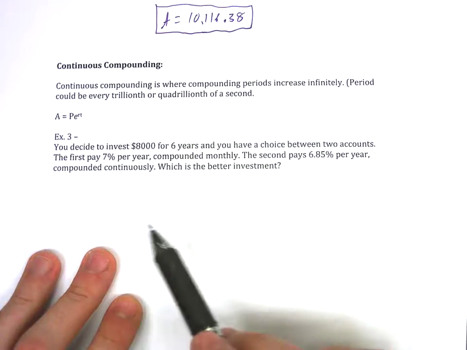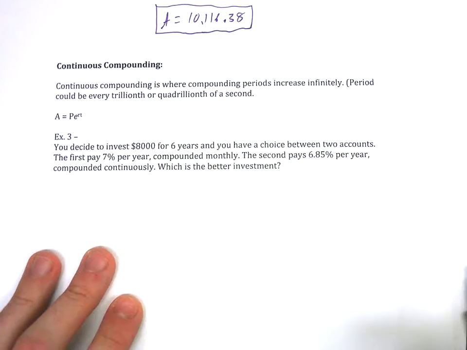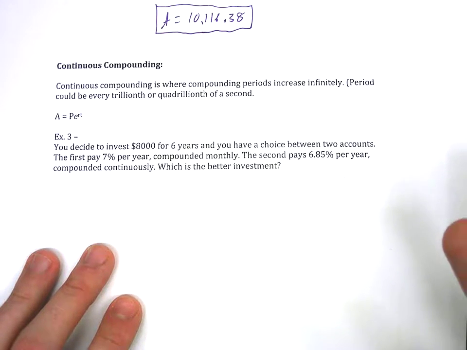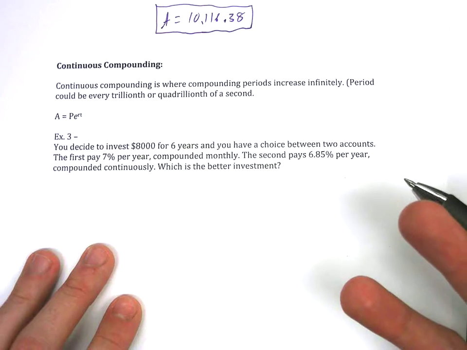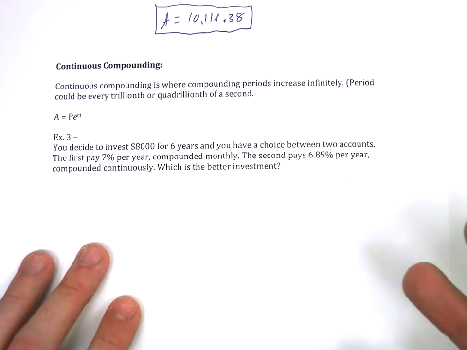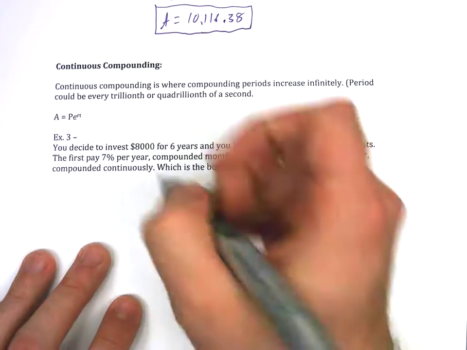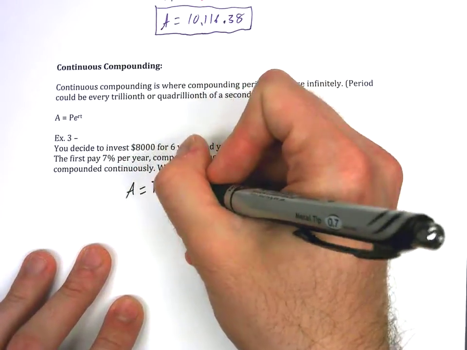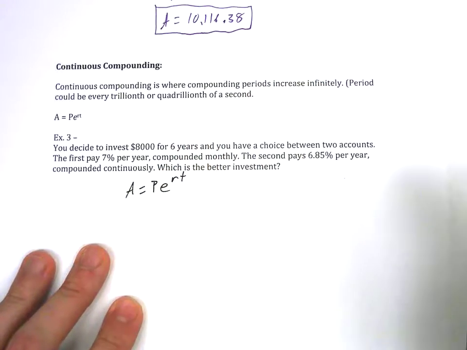So for example, let me jump in here. These are fairly easier to calculate because a lot of it is just calculator work. I mean, we've had mostly calculator work here, but we can put this all together in one giant thing plugged into the calculator. So our formula is A equals P e to the RT.